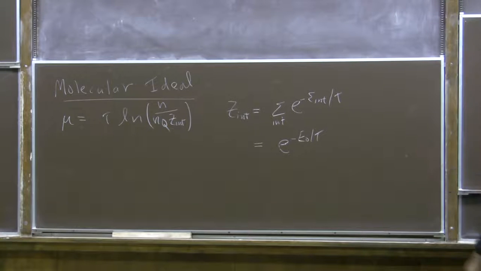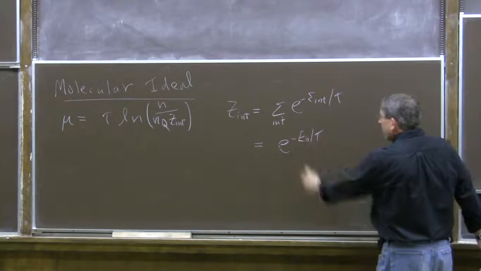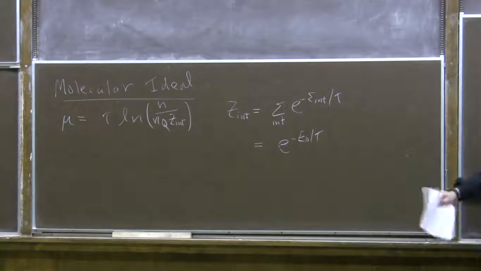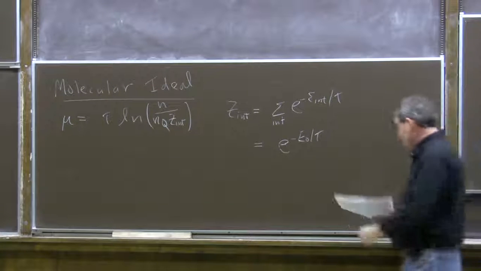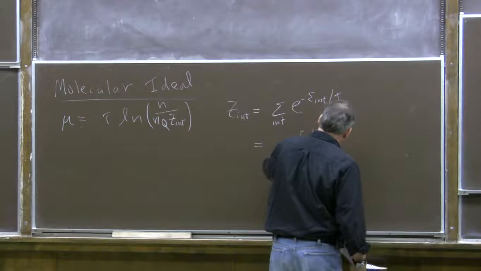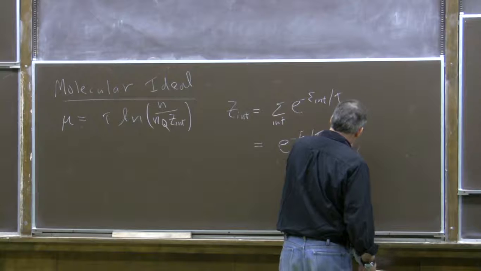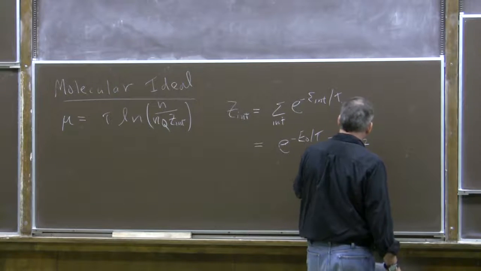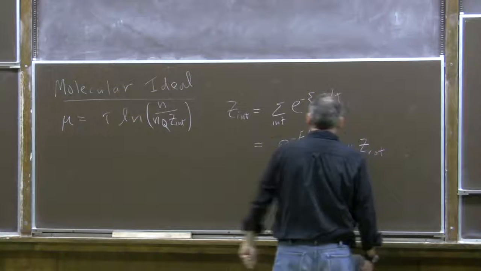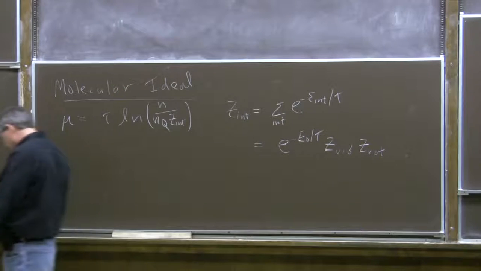And it's important to keep track of that zero of energy because it may be different for different molecules, because there can be binding energy that changes in a chemical reaction. But then, in addition, we have to sum over the vibrational and rotational degrees of freedom for the molecule. That factorizes into a sum over vibrational states times a sum over rotational states, and a corresponding partition function for each.